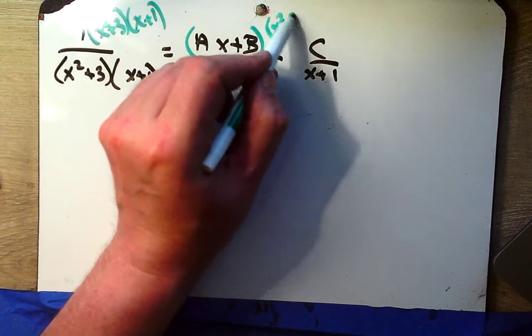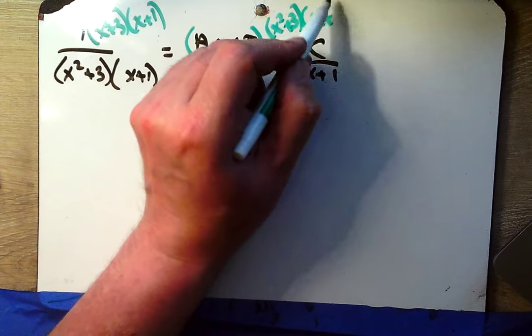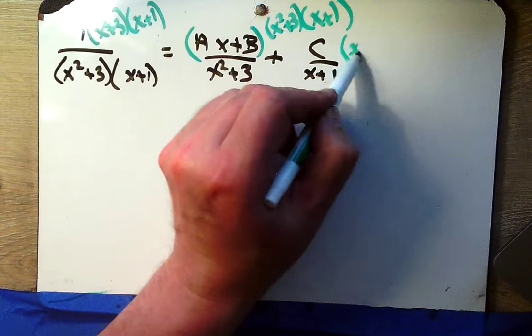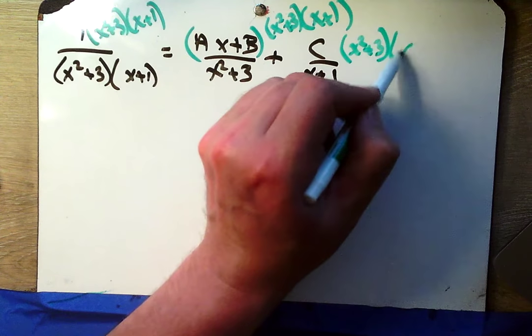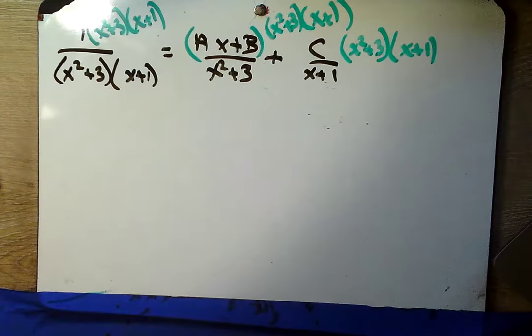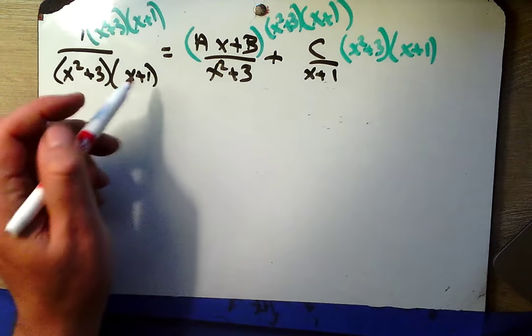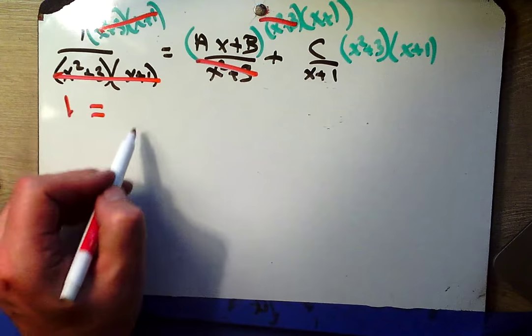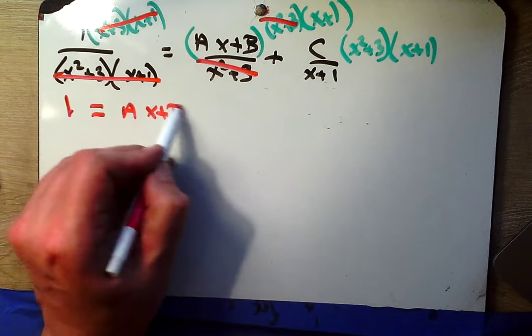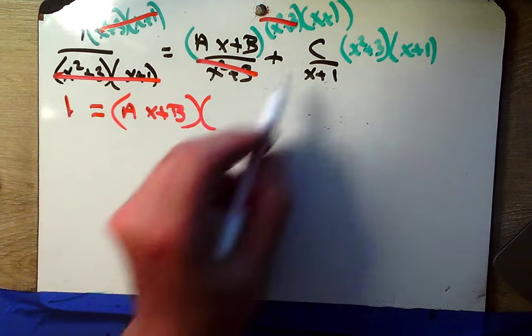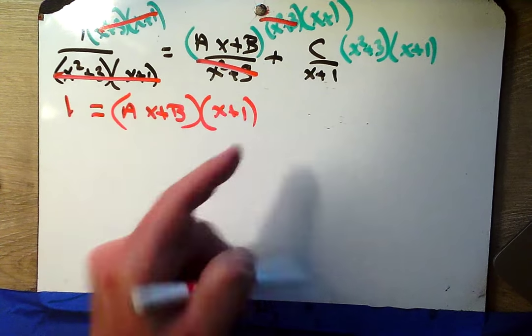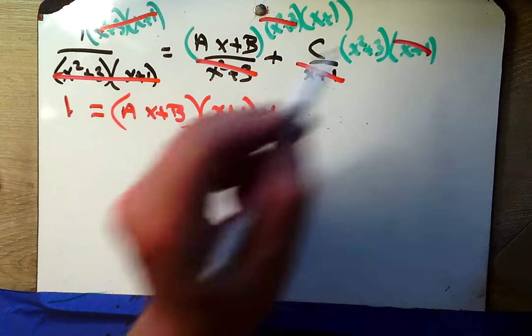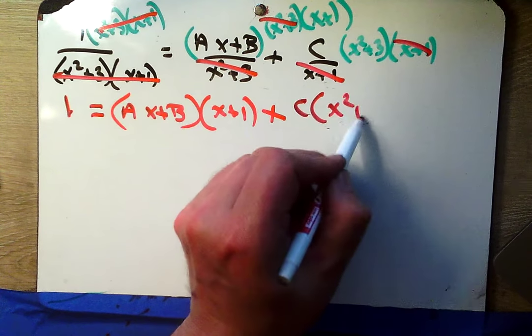Then I'm going to cancel. Remember, it's a really good idea to keep that in parentheses because you've got to FOIL it with this. And this cancels that, leaving me c, x squared plus 3.